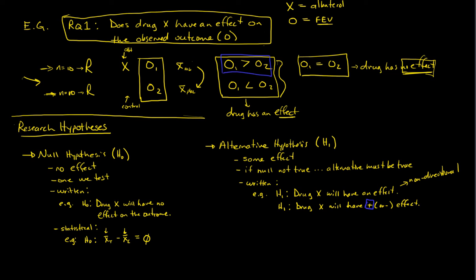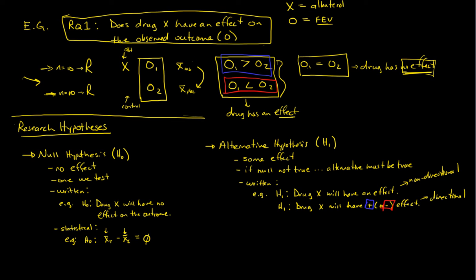Or it's going to be less than O2, or it's going to be negative. So just kind of drawing these and making the linkages here. So it can be non-directional, or it can be what we call a directional hypothesis.